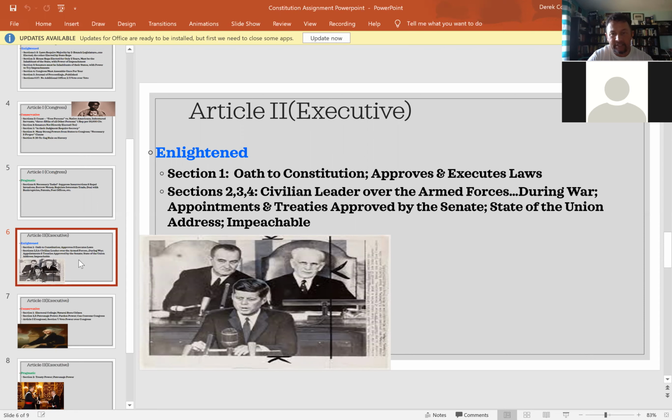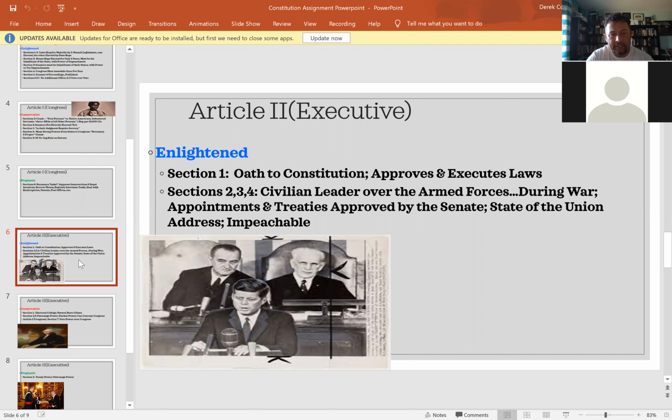So again, that's an example of checks and balances to me subjectively. And so I find that to be enlightened, right? And the fact that he or she can be impeached, can be removed from office, is an enlightened component to Article 2 as well.